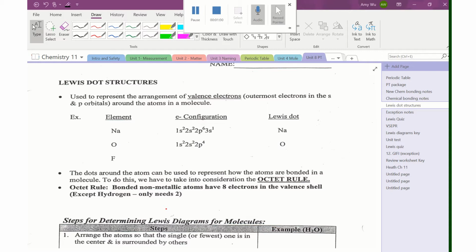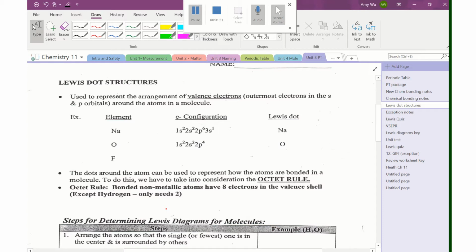So Lewis dot structures are for all the covalently bonded molecules, because they share electrons together. You should have learned Lewis dot structures a little bit back in grade 9 or grade 10, and if not, we're just going to have a quick review to begin with.